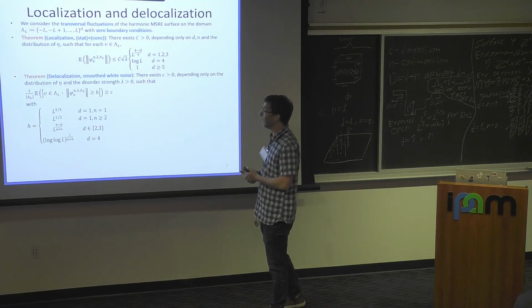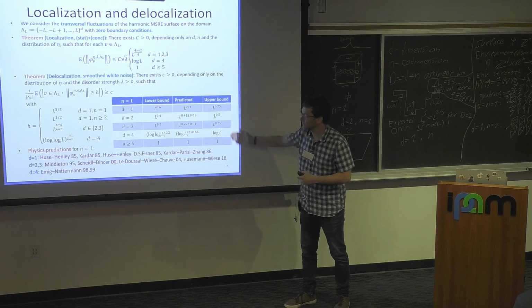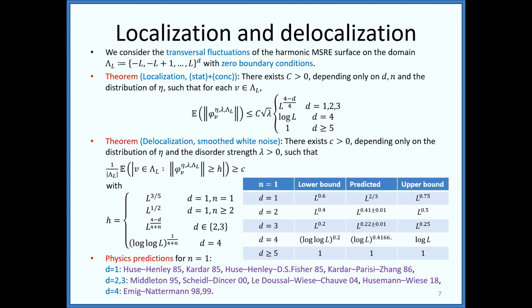And here are our results. Let me perhaps start with a summary in this table over here, easier to read. So in some sense of localization, and in a different sense of delocalization, under some assumptions for this and other assumptions for this. But anyway, everything holds for smoothed white noise.